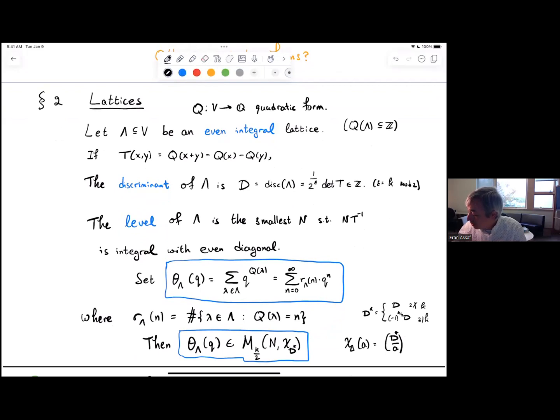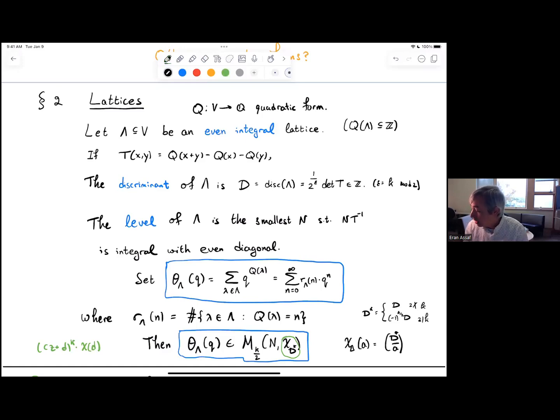We have a character here. That just means that instead of acting through cz plus d to the k, a matrix (a b; c d) will also act by a character on the bottom right corner. And this character here is a Kronecker character depending on the discriminant of the lattice.